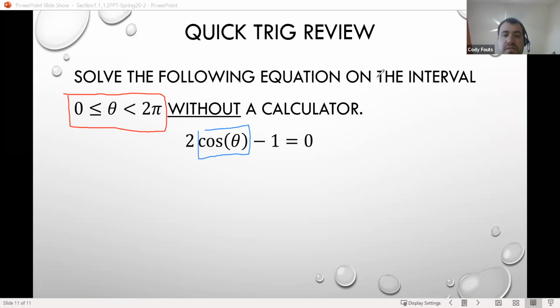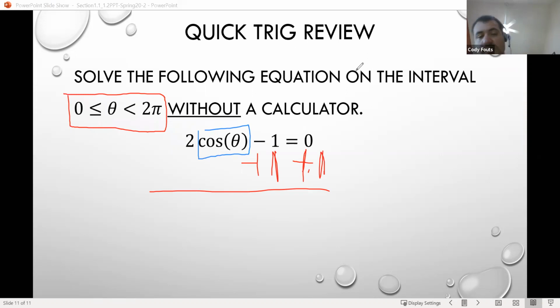So we can do that by adding 1 to both sides of our equation. So we'd end up with then 2 cosine of theta equals 1.